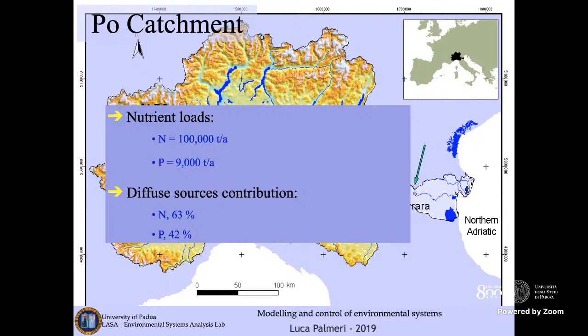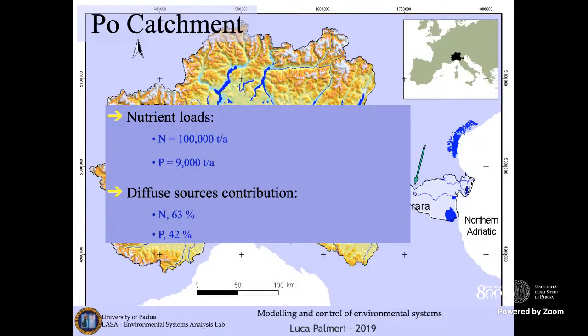Of these loads, 63% for nitrogen comes from diffuse sources, while 42% for phosphorus comes from diffuse sources. And the others come from point sources. So you see also that the importance of diffuse contributions is high in this area.